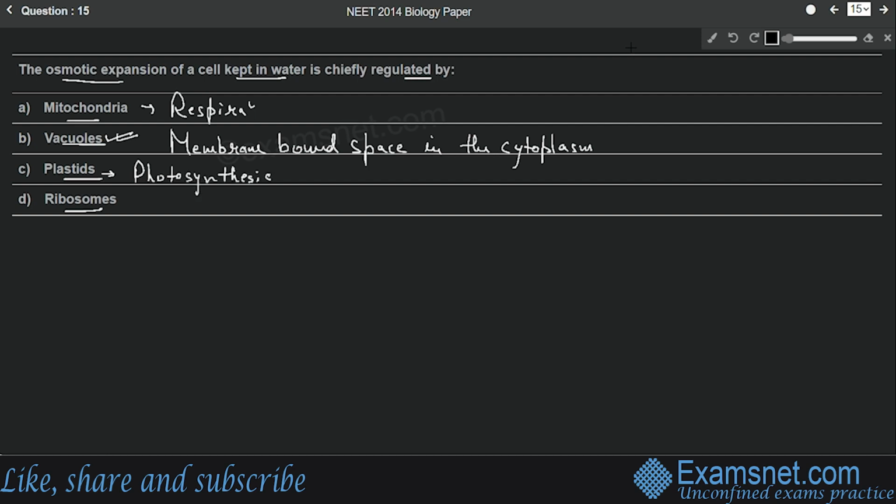Chloroplast and chromoplast both are pigment containing plastids, so these give characteristic color to the plant. Now ribosome is involved in protein synthesis. So according to the question, the correct answer is option number B, vacuoles.